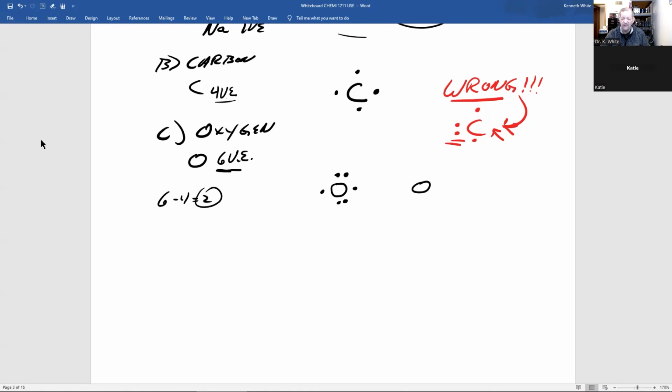Now, you could have easily done, I'll put this second one, number 2, and this one. For oxygen, you have 2 sides with 2 electrons and 2 sides with 1 valence electron.